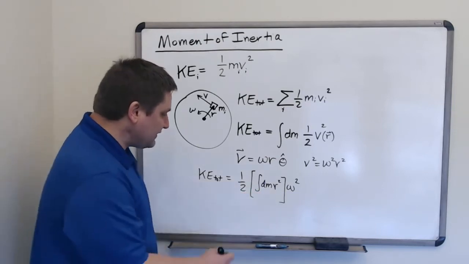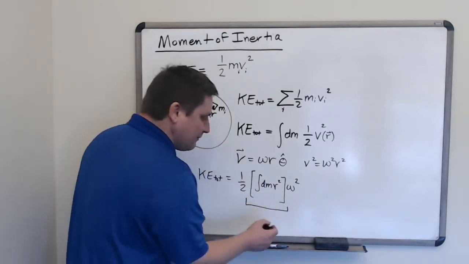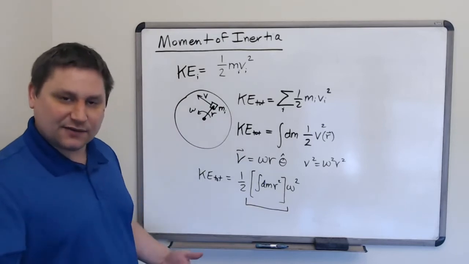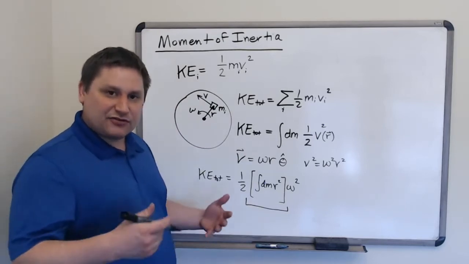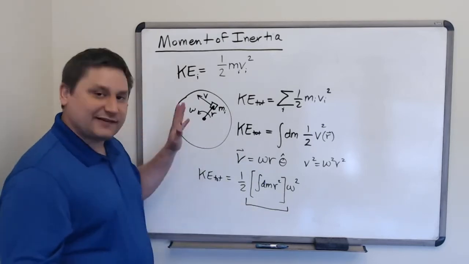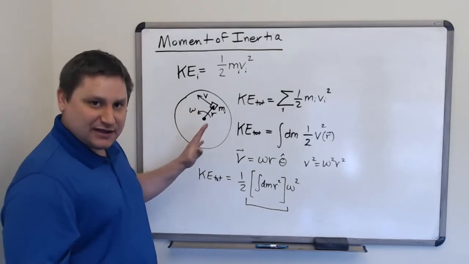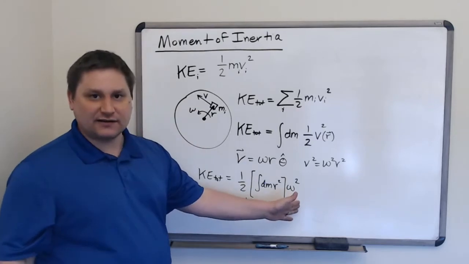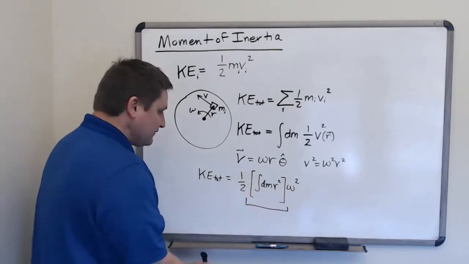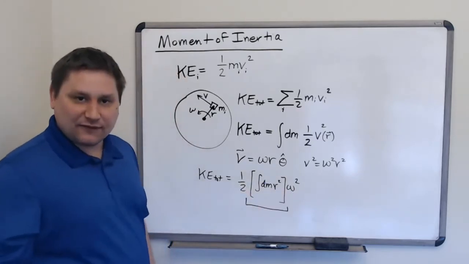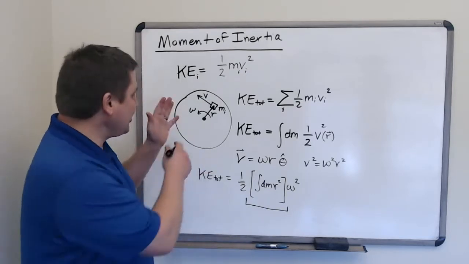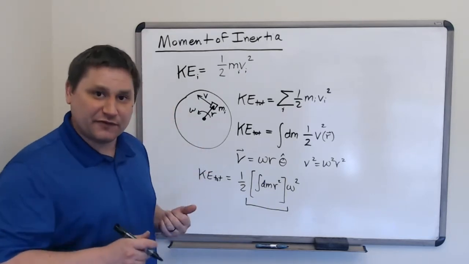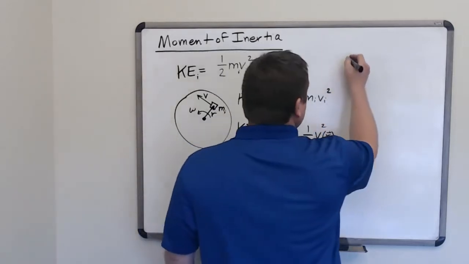So this quantity in brackets, even though it might take some work to calculate, we can be sure depends on the size, the shape, and the distribution of mass in the object, and not on its current state of motion. This quantity in brackets is therefore a special property of just that object on its own, whether it's moving or not. And we call that the moment of inertia.